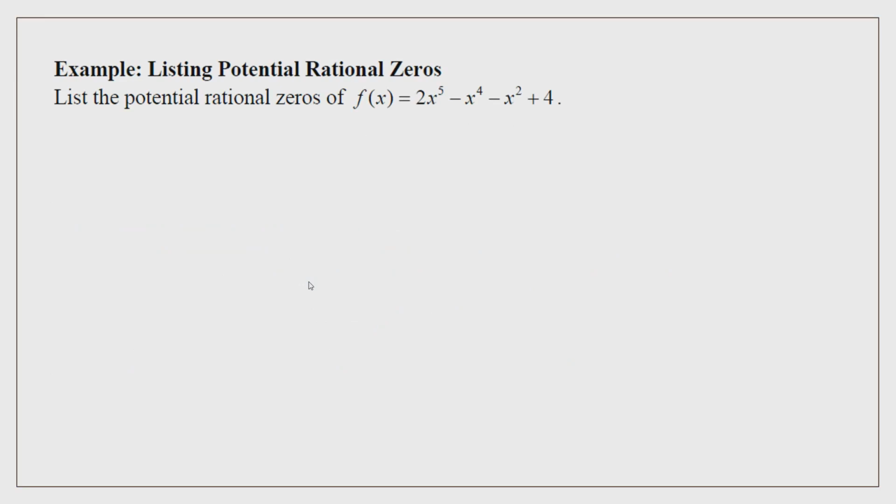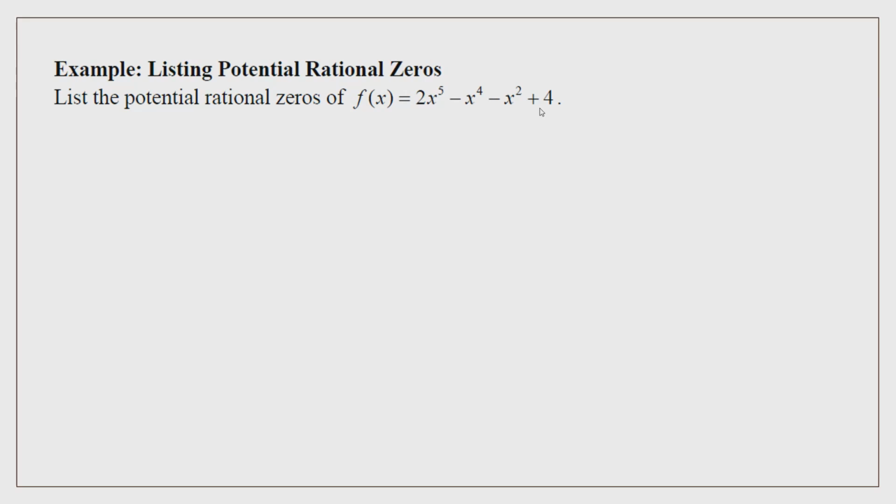So for our problem here, we are going to list the potential rational zeros of f of x. So notice that the polynomial has integer coefficients, all integer coefficients. So we have 2, -1, -1, and 4. The first thing you need to do in finding the potential rational zeros is identify your p and identify your q.